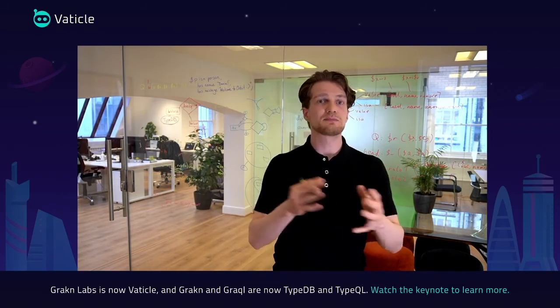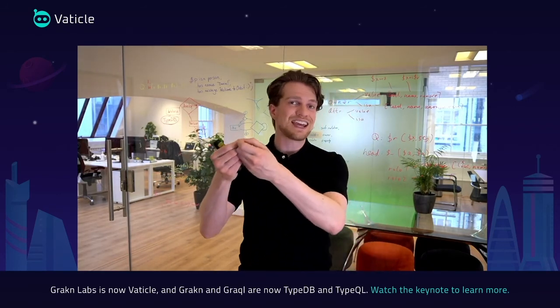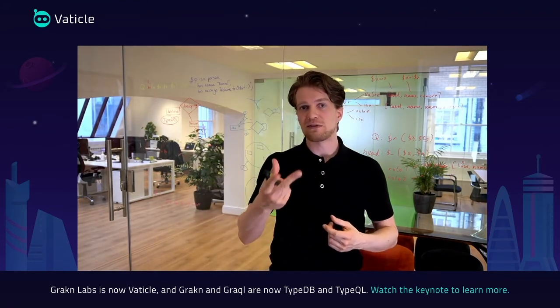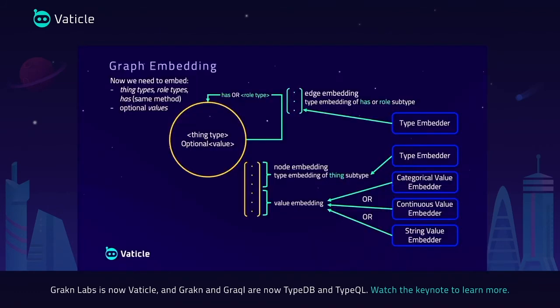Then we can dispatch the value that we find, because the users can dictate this on a per type basis. They can say, in my knowledge base I have a name, so that's a string, so embed this as a string. Or I have an age, so that's a continuous value, so embed that as a continuous numeric value. And then we can build out these components, which we already have, to be able to embed these different types.